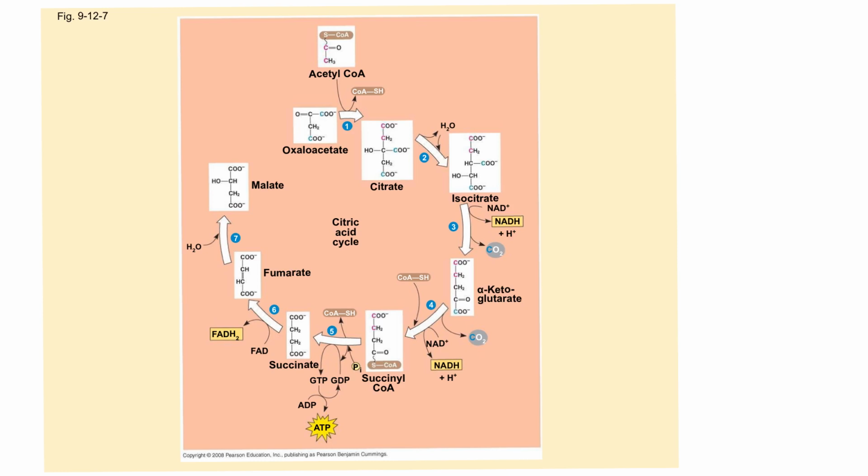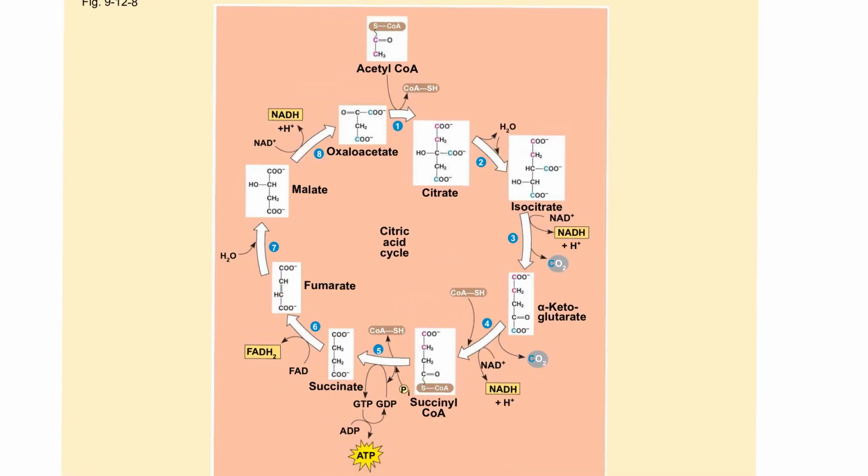Notice I still have 4 carbons, 1, 2, 3, 4, and I go from this molecule called fumarate to a molecule called malate, 1, 2, 3, 4, and then my final stage is I strip off some more final energy, some electrons that are higher energy, and I have some more FADH, and I still have my 4-carbon molecule oxaloacetate.